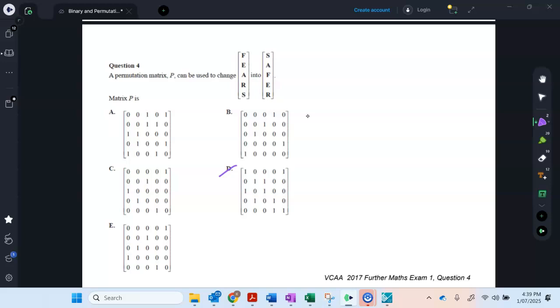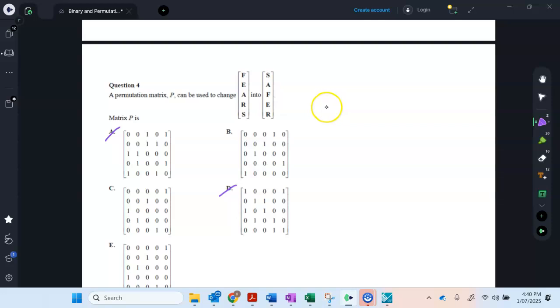Okay, well, D isn't even a permutation matrix, so that's a bit unfair. And A is also not a permutation matrix, so I can eliminate those two before I even begin.